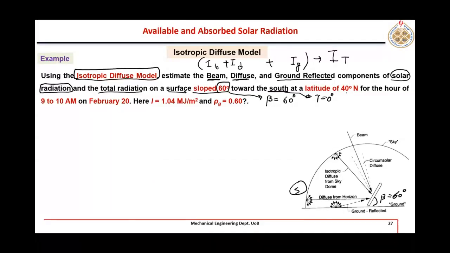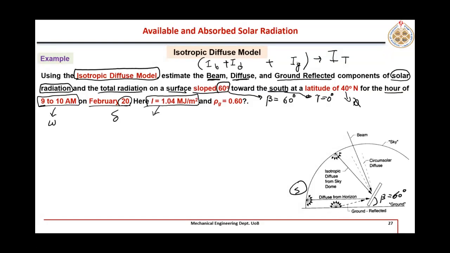Latitude, so here is the location, so that is phi. For the hour of 9 to 10 a.m. on February 20, it means declination, and this is representing omega. Okay. Here the total radiation falling on a collector surface is given.